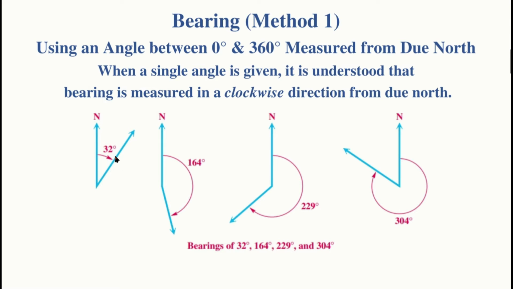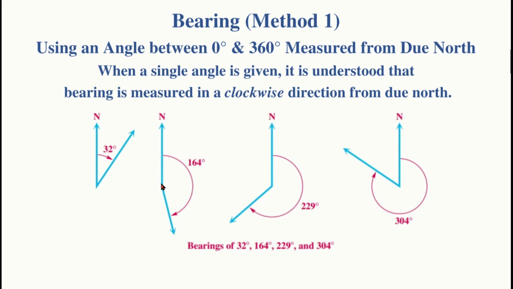Now, this is not to be confused with the fact that clockwise always means a negative measure and all that. No, here we're just talking about the size, right? So we're dealing with positive numbers when it comes to bearing. So this here would indicate a bearing of 164 degrees.